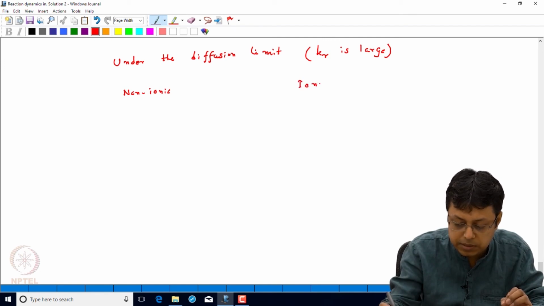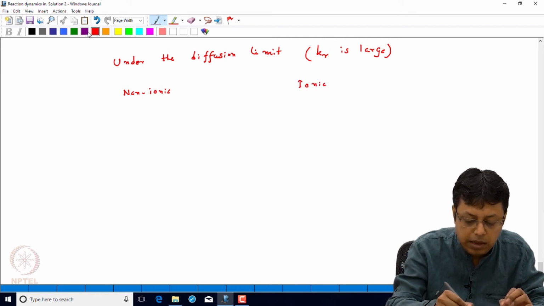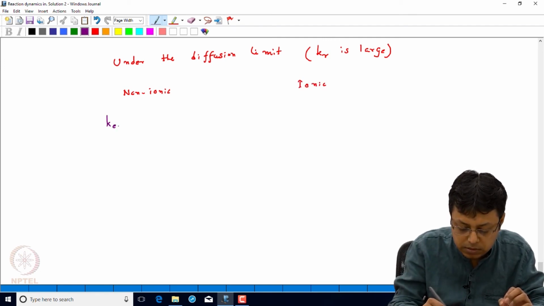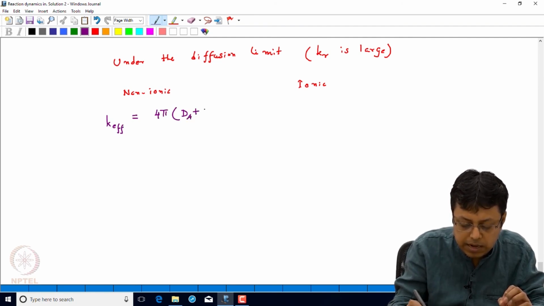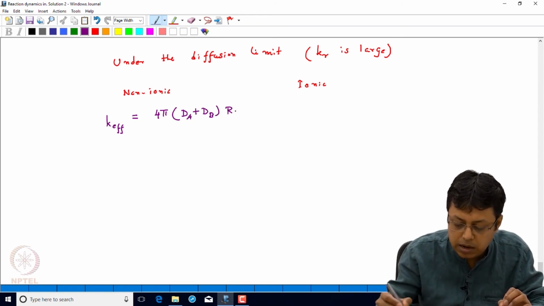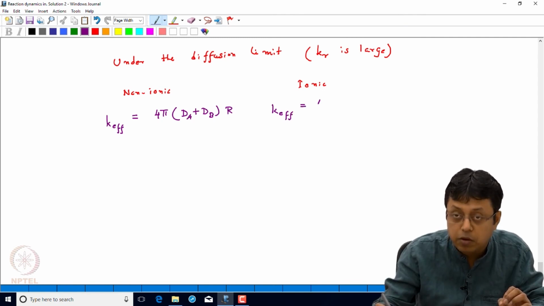and then for non-charged or non-ionic species versus the ionic species, the effective rate in one case is 4 pi dA plus dB, which is the addition of the diffusion coefficients of the two species, times R, and in the other case K effective is 4 pi dA plus dB times beta.